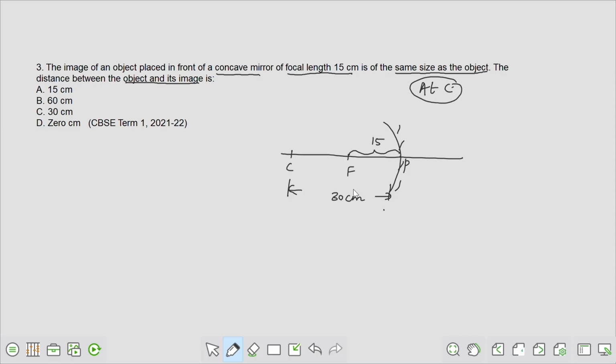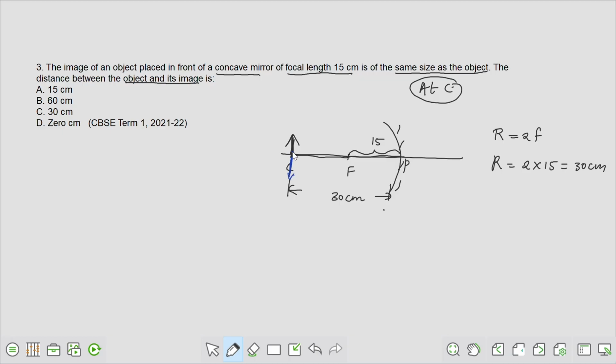Why 30 cm? Because we have the relation R equal to 2 times F. If the focal length is 15, R equals 2 into 15, that is 30 cm. The radius of curvature is the distance from the center to the pole. So your object is placed here and you will get the image here, the same size image.